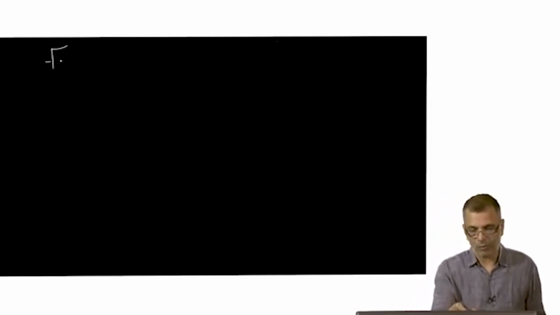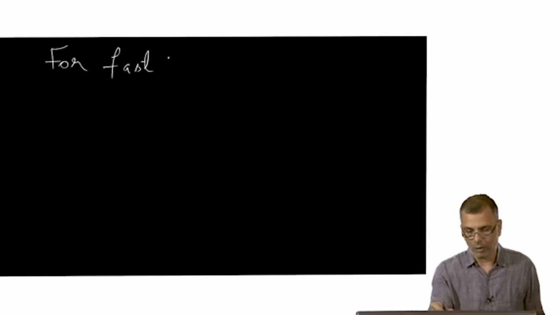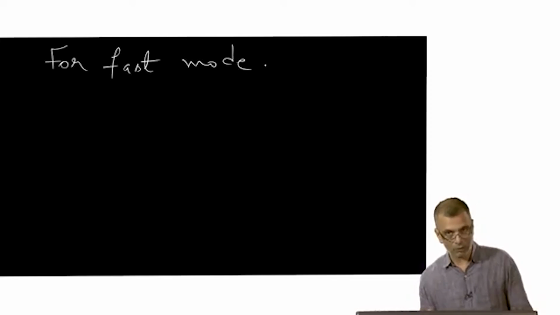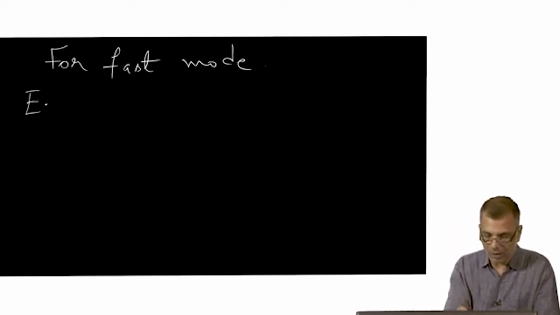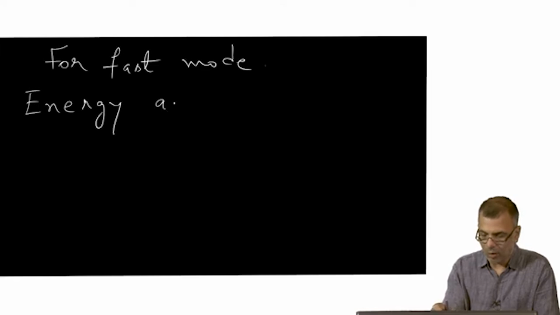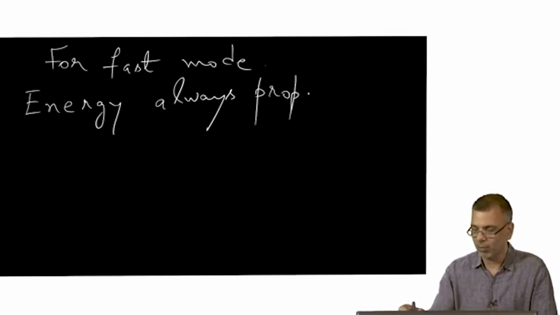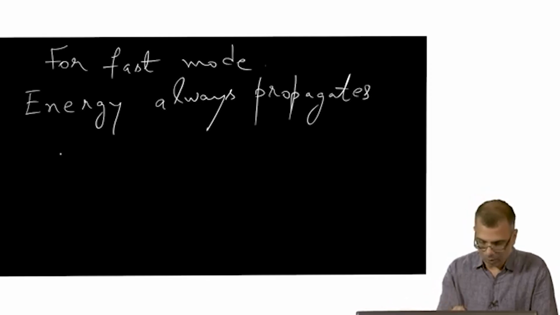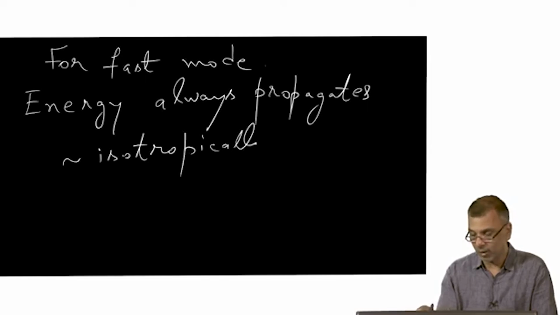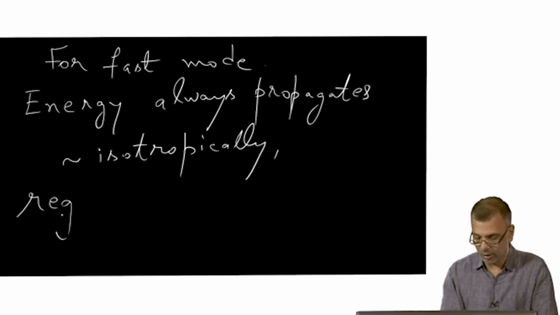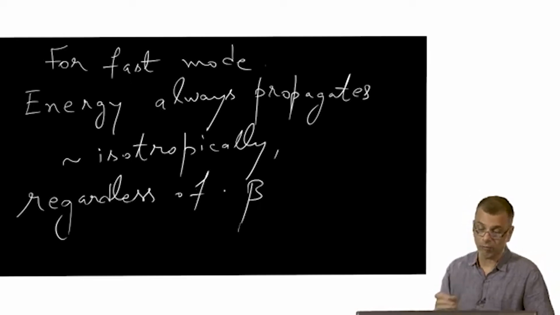And for the fast mode, the group velocity, which is the velocity at which the energy propagates, always propagates almost isotropically, not along the field or perpendicular to the field, regardless of beta, or regardless of the ratio of VA over CS.